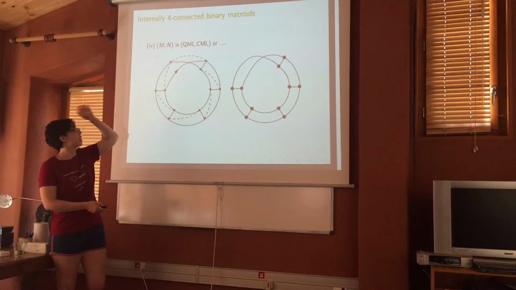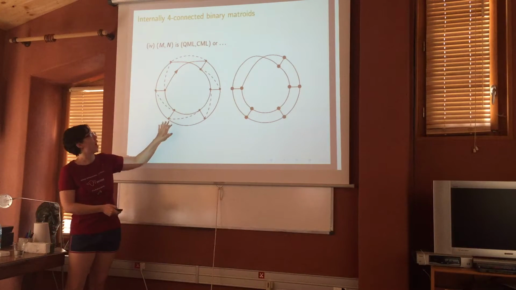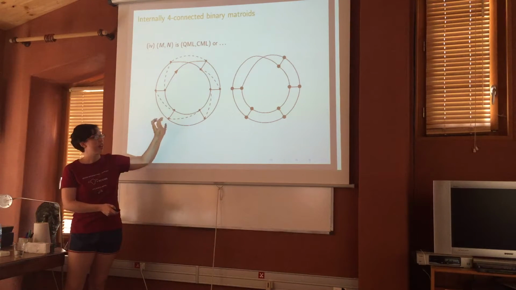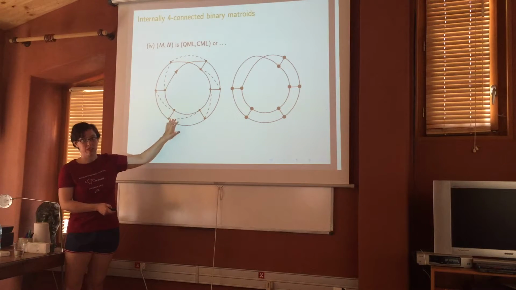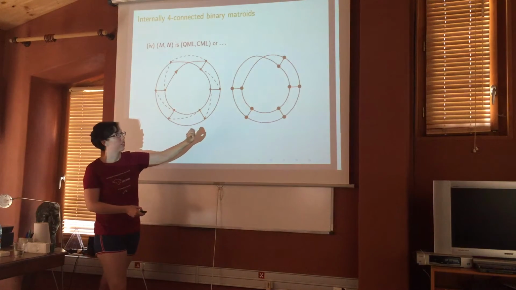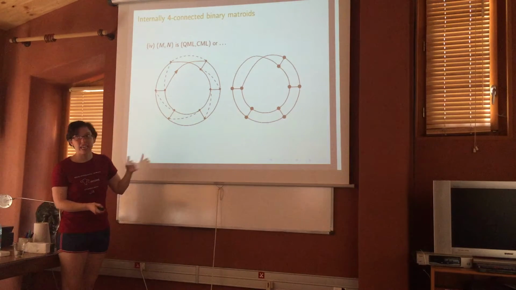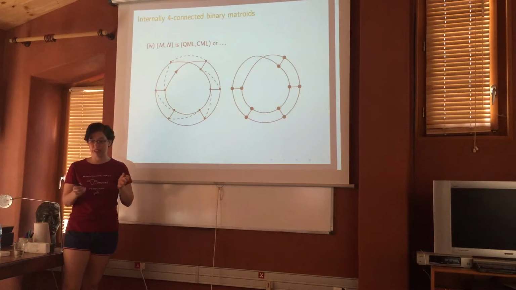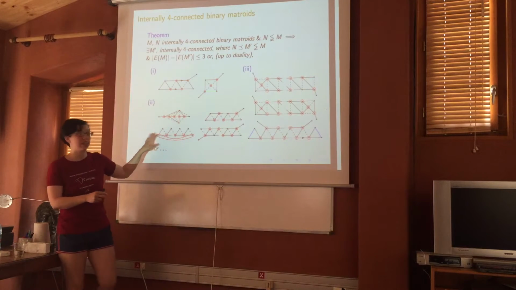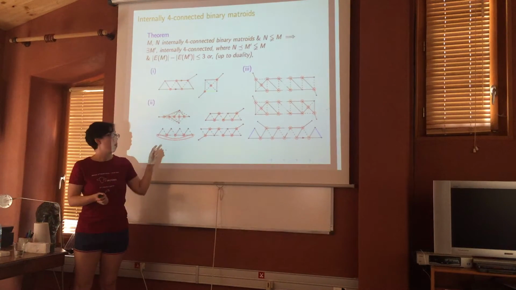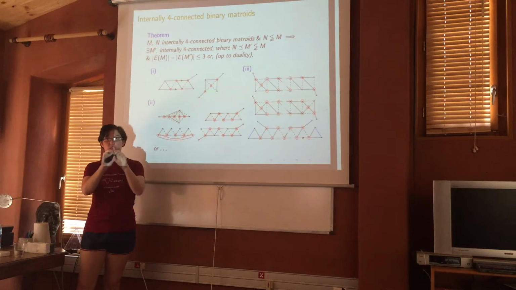It could be the case that you genuinely have M being a quartic Mobius ladder and N being a cubic Mobius ladder. In the case that we had a quartic planar ladder, let me show you in the previous slide. If I had a quartic planar ladder, then there would be this structure sitting inside there.